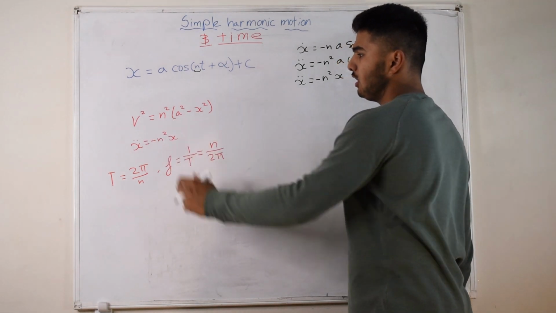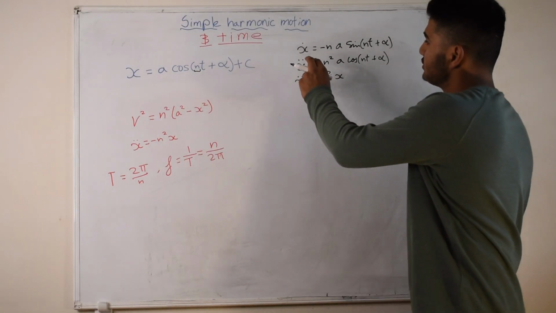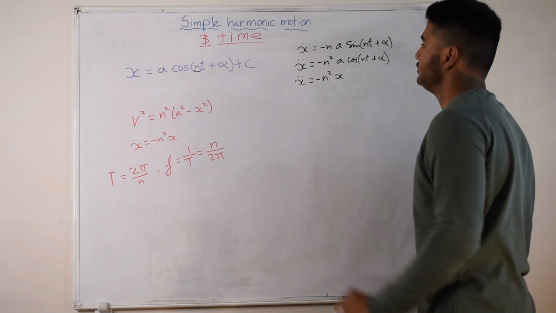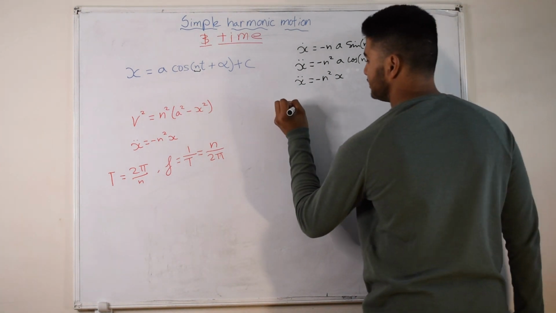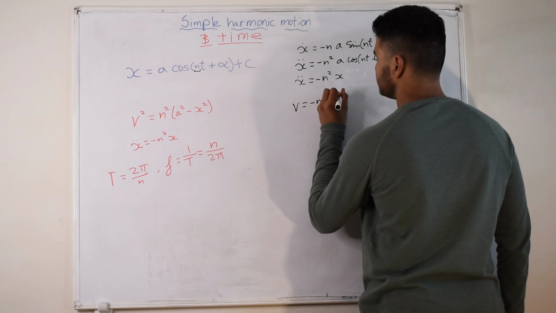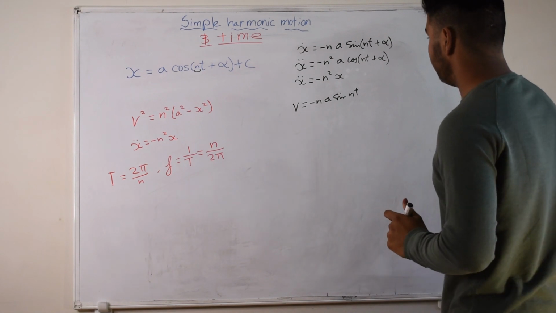Worrying about this over here, if we come back to the top one, let's denote that as v equals negative n a sin(nt). Correct?